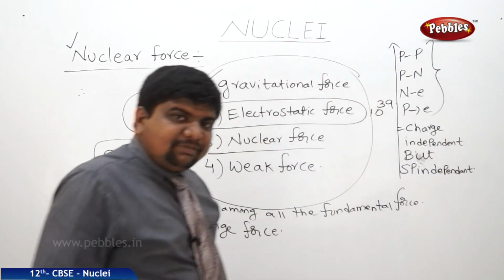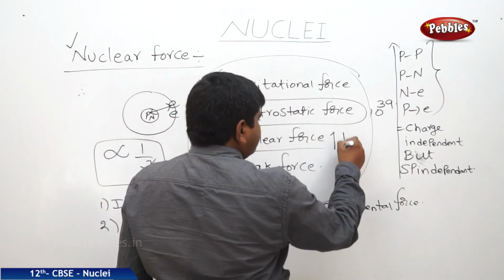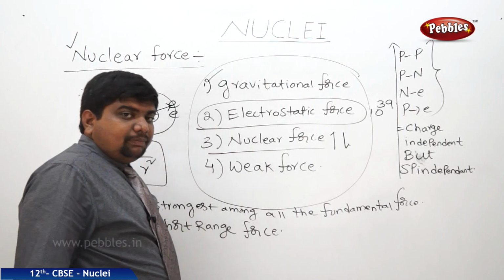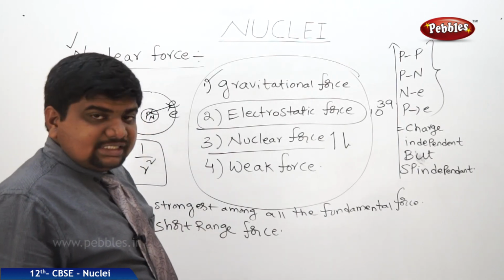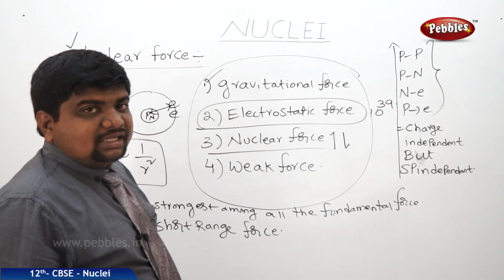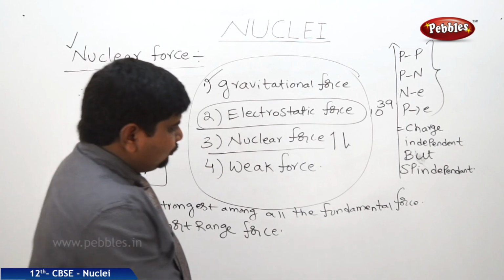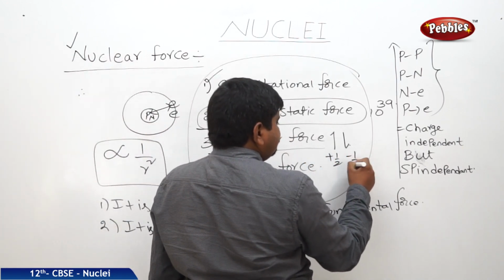What is the meaning of spin dependent? If you go to the spin quantum number, there are two types of spins, up and down. Up represents the clockwise spinning of the electron around the nucleus. Down indicates the anti-clockwise rotation. We know that up spin is plus half, down spin is minus half.